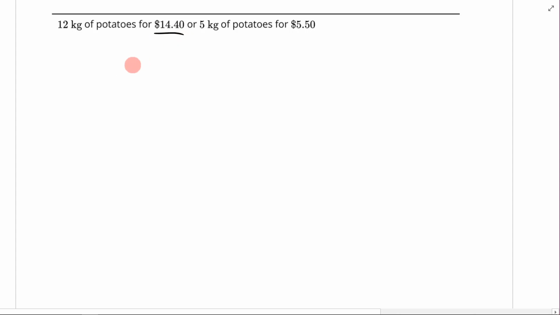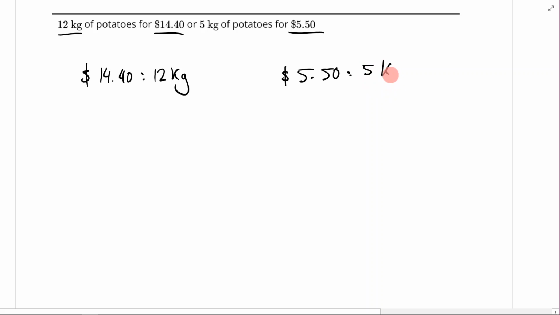All right, we have $14.40 for 12 kilos of potatoes, and we have $5.50 for 5 kilos of potatoes. I want to get this to 1 kilo of potato. So I'm going to have to divide by 12.